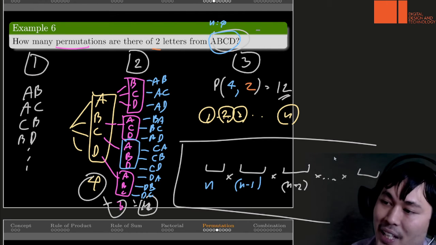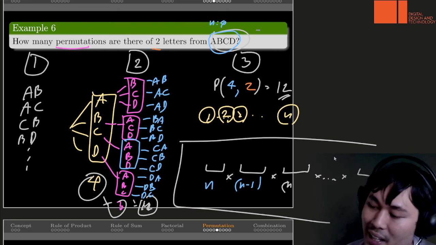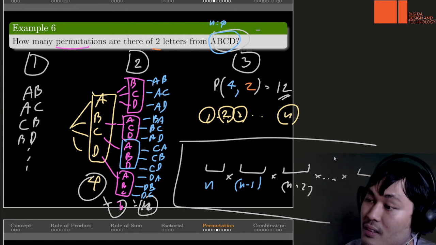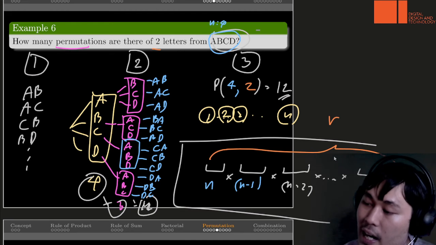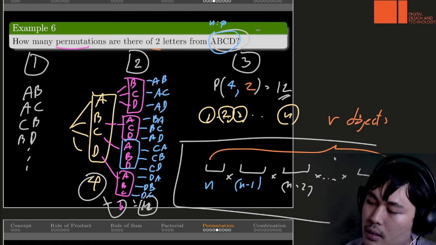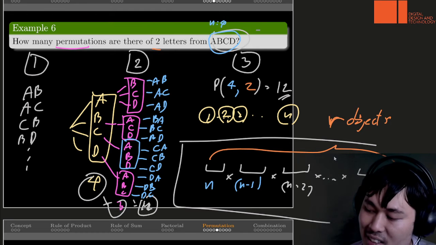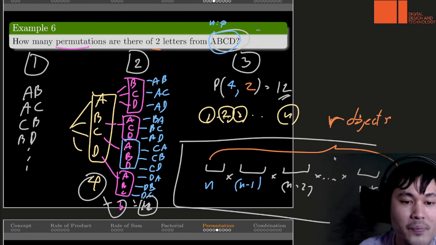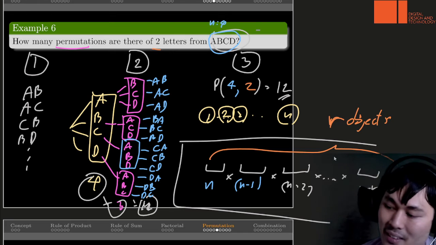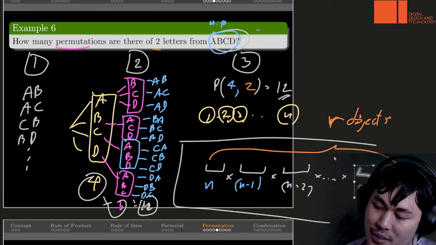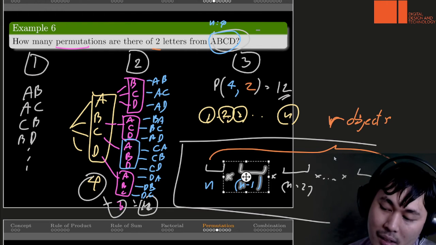And this is where people get confused, right? Because okay, how many objects do we need? We need to put r objects. So does it mean the last one is n-r? No. That's the problem of being off by 1. Because if you see the leftmost one, we didn't start from 1.